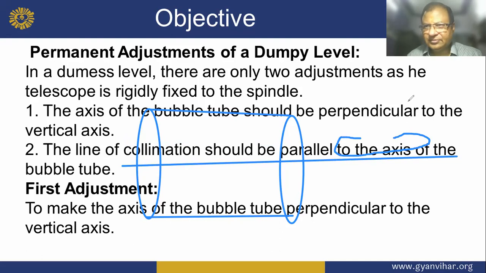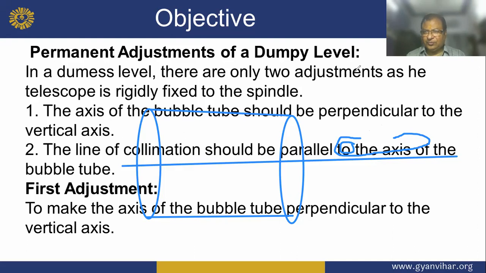It is fixed with the machine, and the bubble is like this. Perhaps at the time of work it should be in the center, but it is at the corner. It means your line of collimation is inclined.